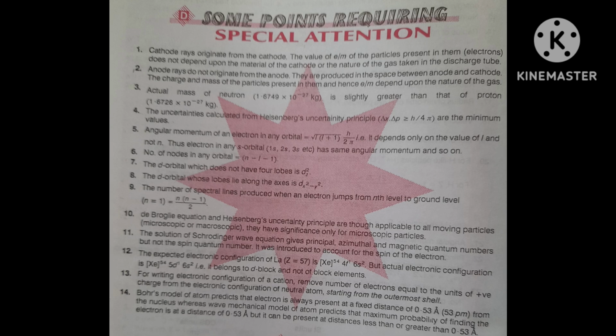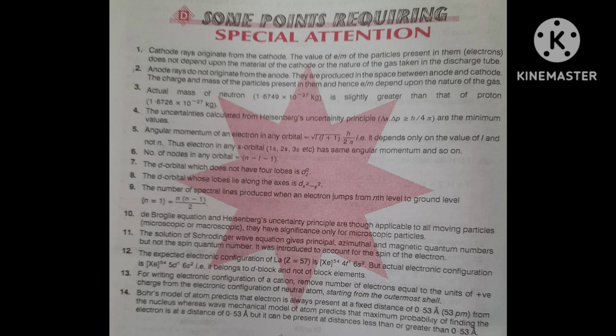Next, angular momentum of an electron in any orbital. Angular momentum of an electron in any orbital is equal to √(l(l+1)) × h/2π. It depends only on the value of l, not n.